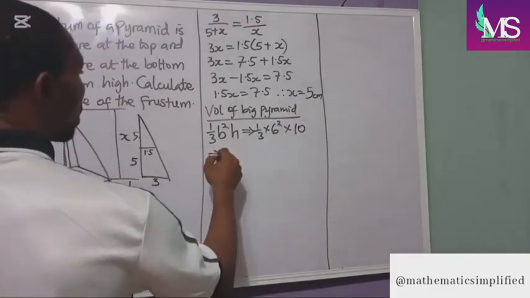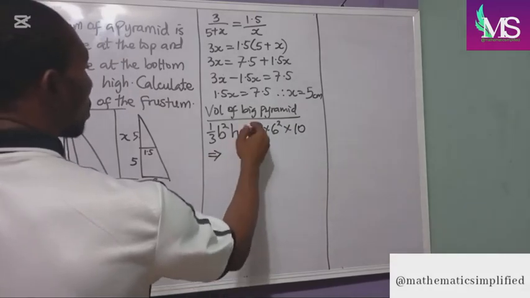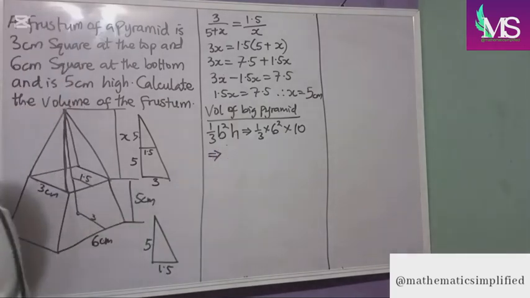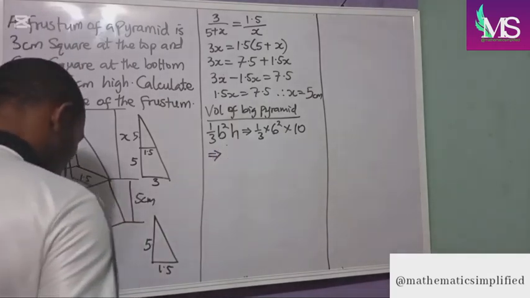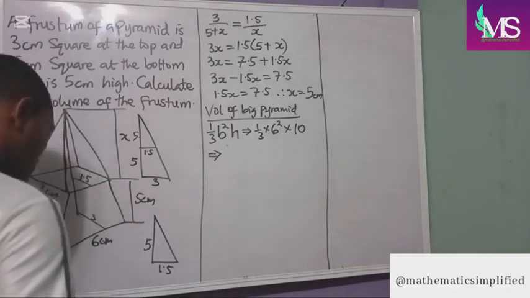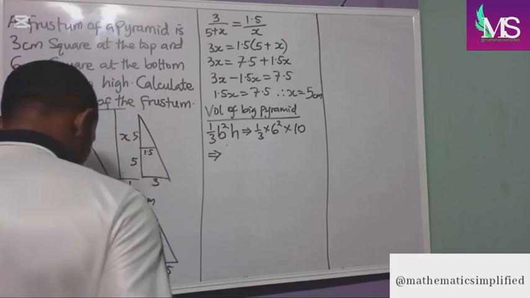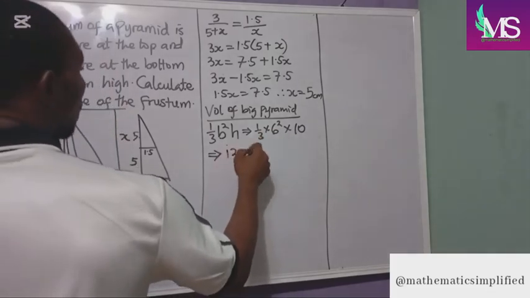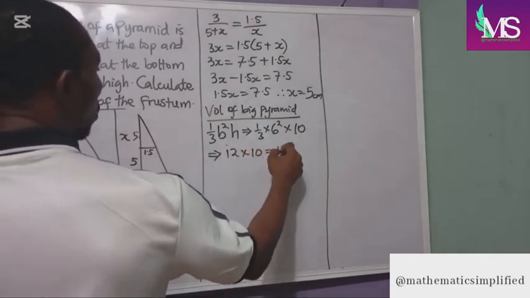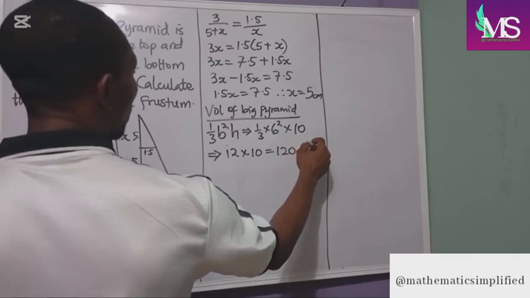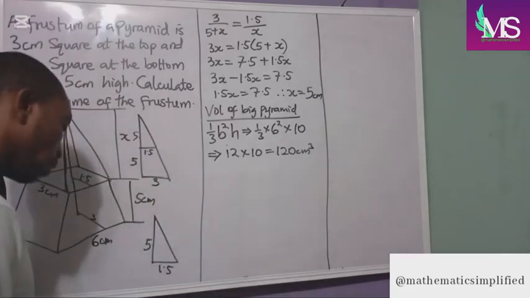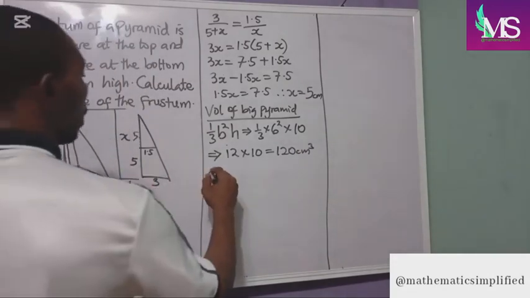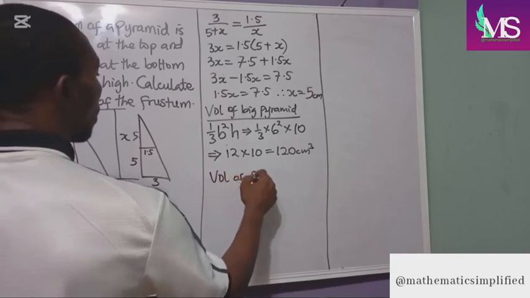Now solving this out, 6 times 6 is 36, and 36 divided by 3 will give us 12. So this becomes 12 times 10, equals 120 cm cubed. That is our volume for the big pyramid.